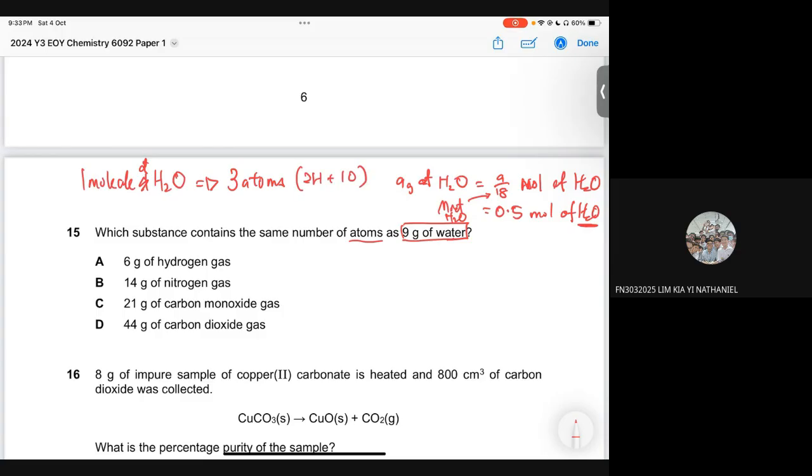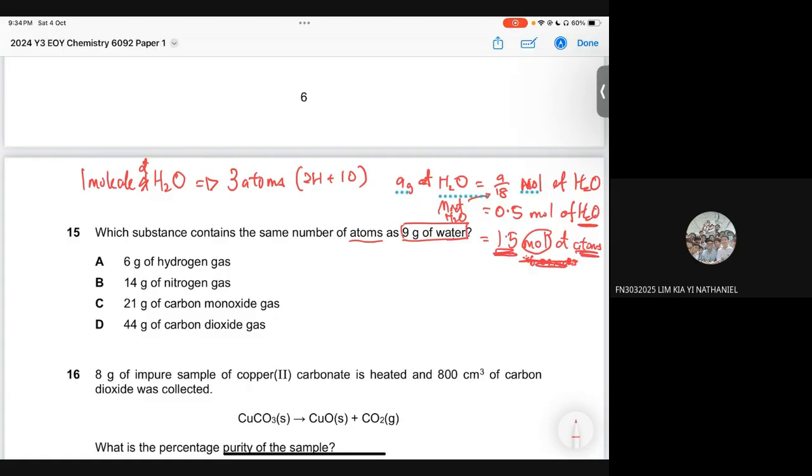So if it was 0.5 mole of H2O, that means there's 1.5 mole of atoms. I'm not going to multiply by 6.02 times 10^23 because all my numbers will look very crazy. Just know that mole is sort of like a condensed version of 6.02 times 10^23. So I'm just going to leave it as mole. So I know that I have 1.5 mole of atoms here.